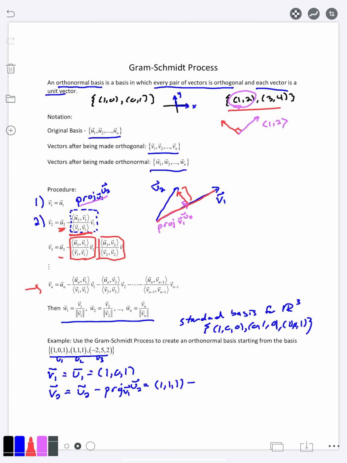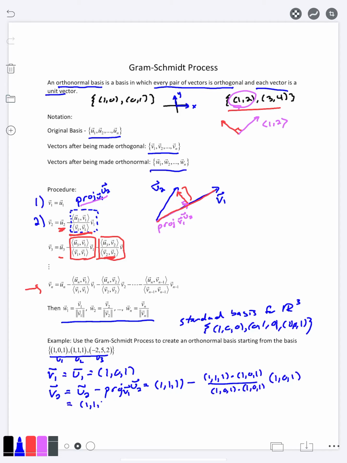Now, previously I used this notation here for the inner product because this will work in whatever inner product space you have. But right now we are working in R3, which is our normal dot product. So that means I would have 1, 1, 1 dot product with the original v1 over the length of the original v1 times the original v1 here.